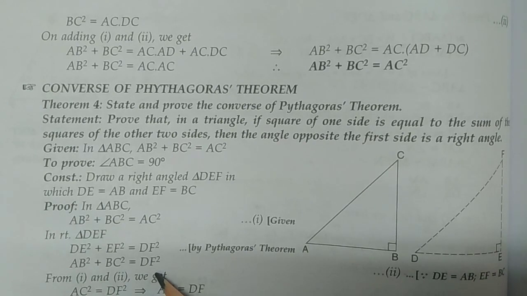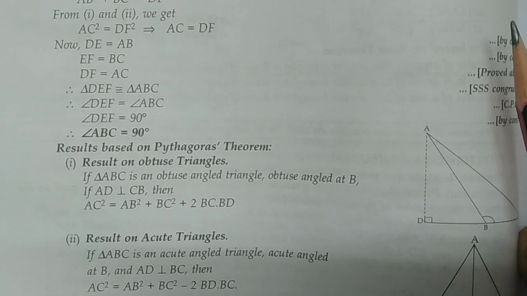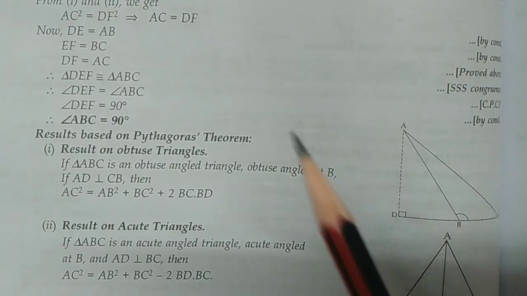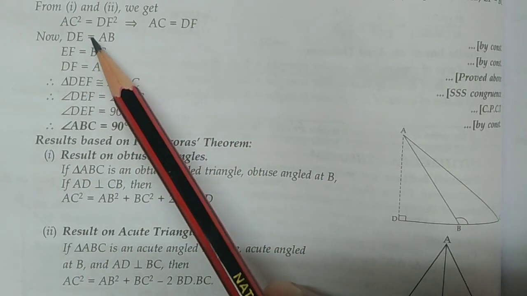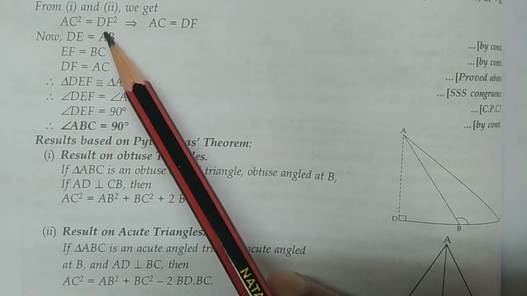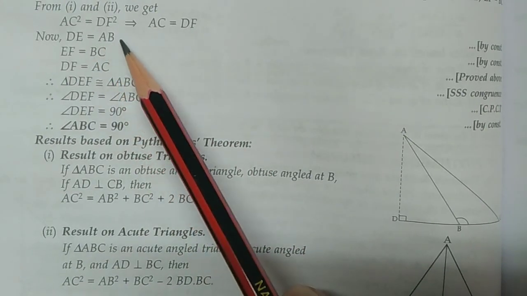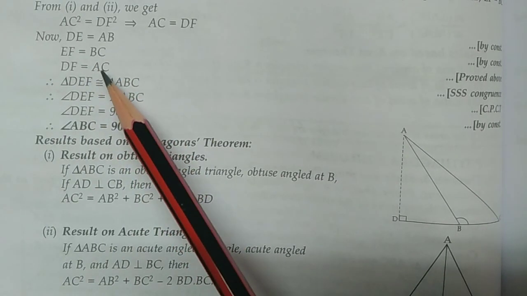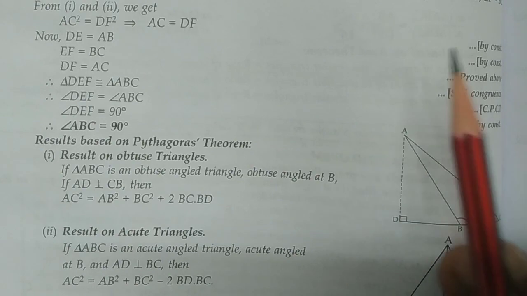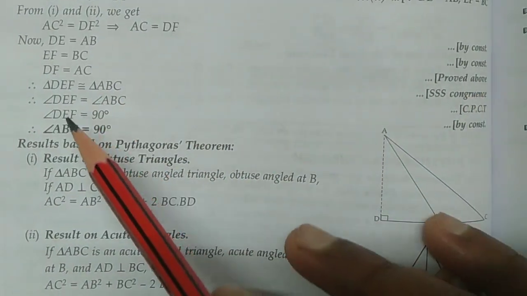From 1 and 2 we get AC square equals DF square, so AC equals DF. Now DE equals AB, EF equals BC, and DF equals AC, by construction.